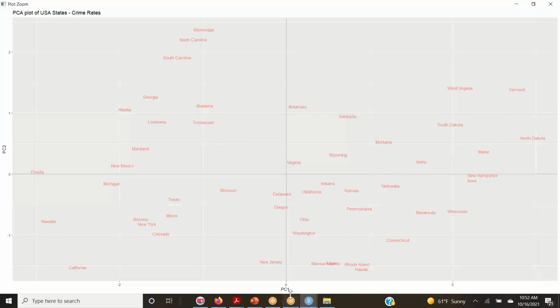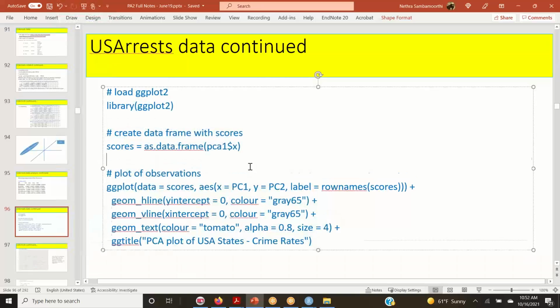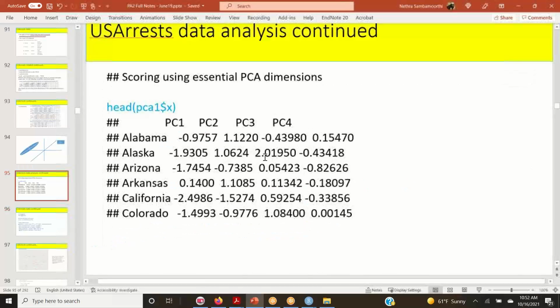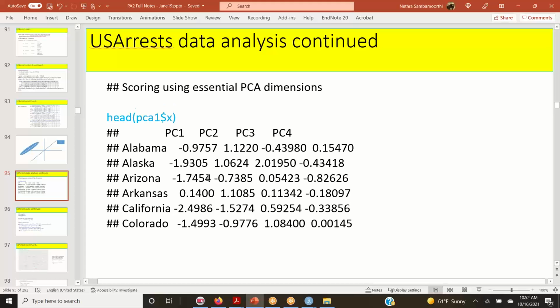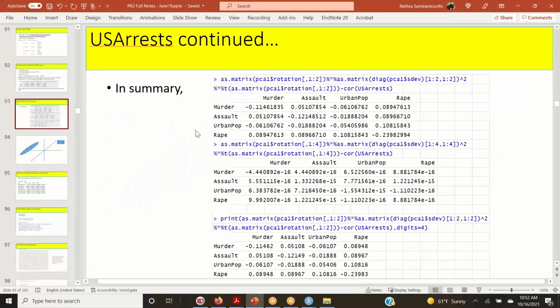Now you have to go back and understand where the weights are in the crime. That's where you can interpret it better. So the PC1 is weighing, let me see. Here is the murder assault, right?